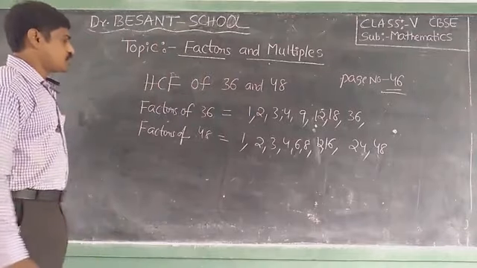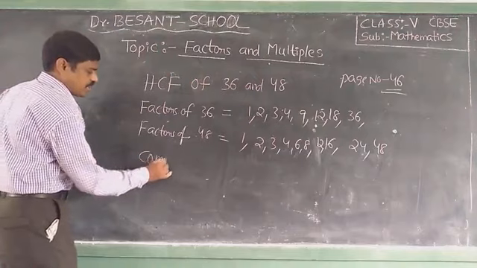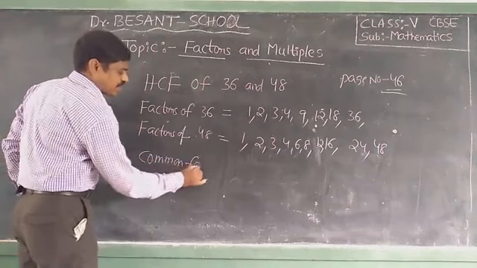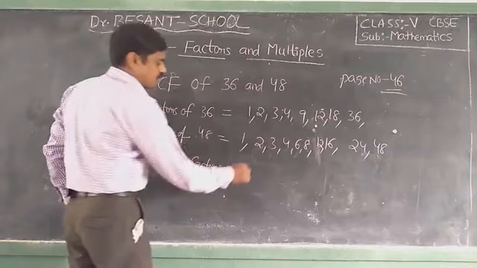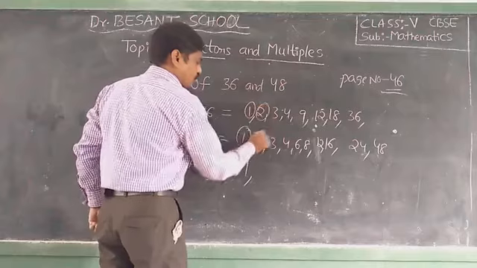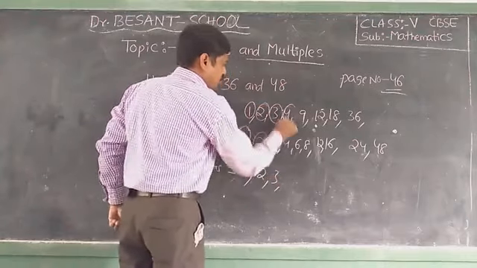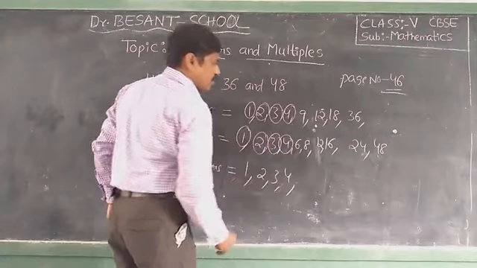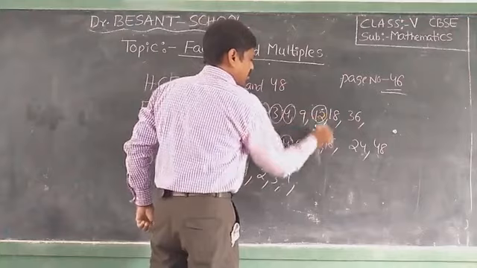Okay. So common factors: 1, 2, 3, 4, 12.